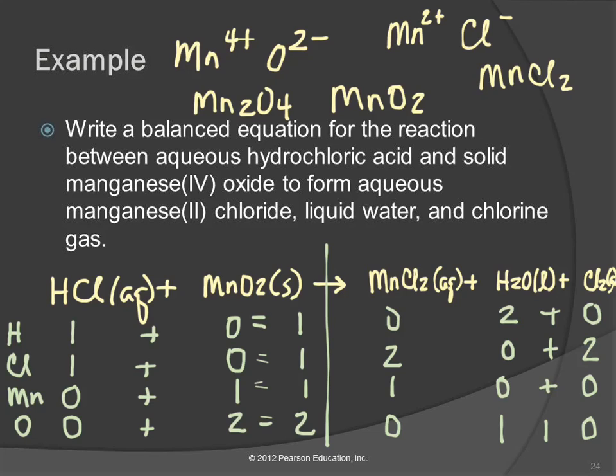And I'm going to add these numbers up to see what my totals are. I don't have any space on the left, so I'll write them on the right. 0 plus 2 plus 0 is 2 total for hydrogen. And a total of 4 for the chlorine, total of 1 for the manganese, and a total of 1 for the oxygens.